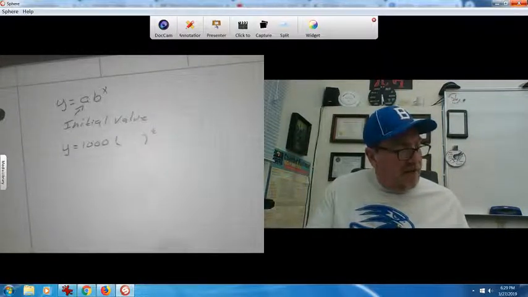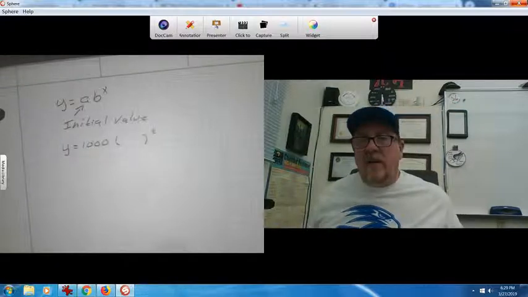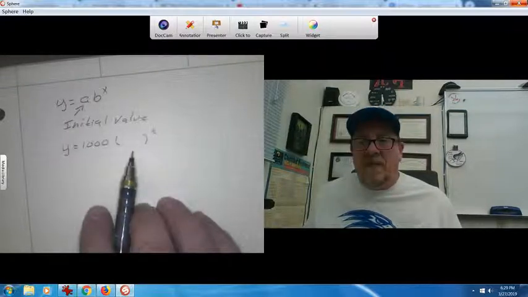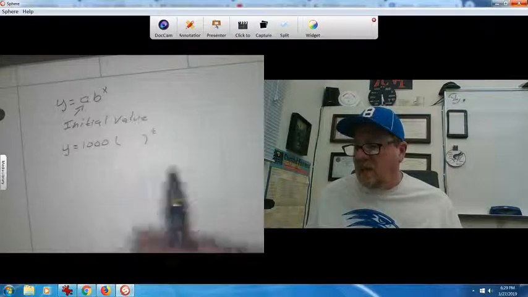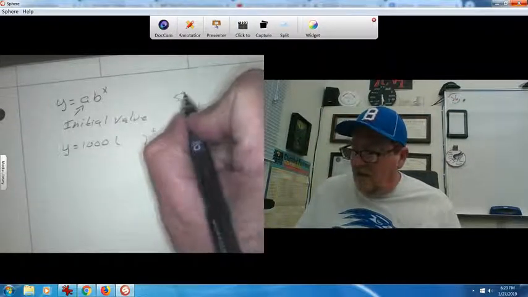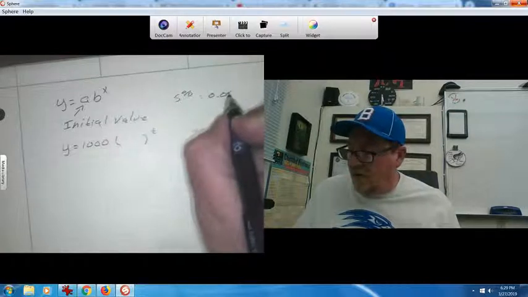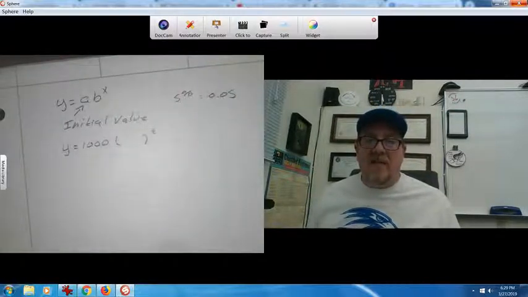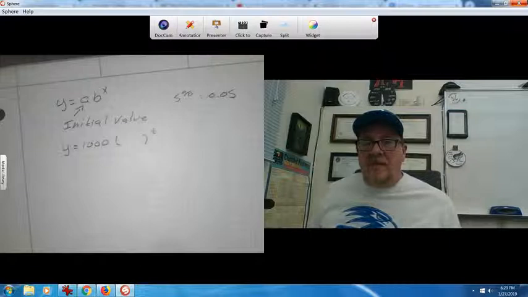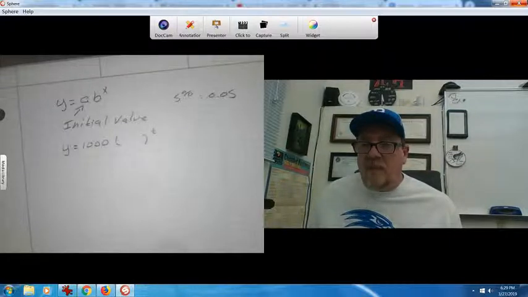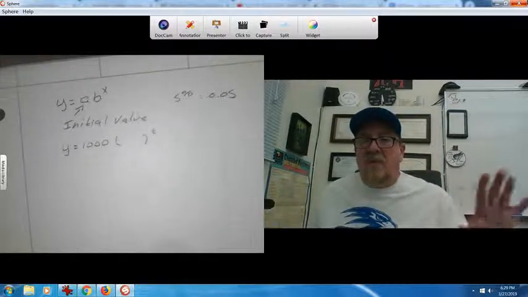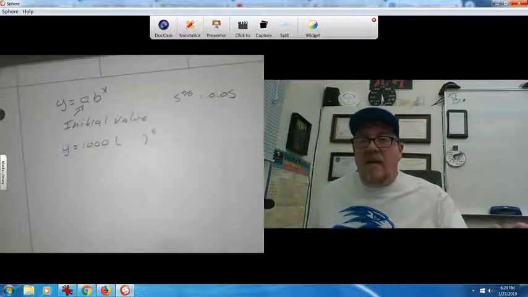It says it pays an annual interest rate of 5%. Well, I can't put 5% here, because as a percentage, 5%, as hopefully you know, is equal to 0.05, okay, as a decimal. And if I used 0.05, that would be exponential decay. And hopefully, when we put $1,000 into our bank account, it grows, it doesn't decay.